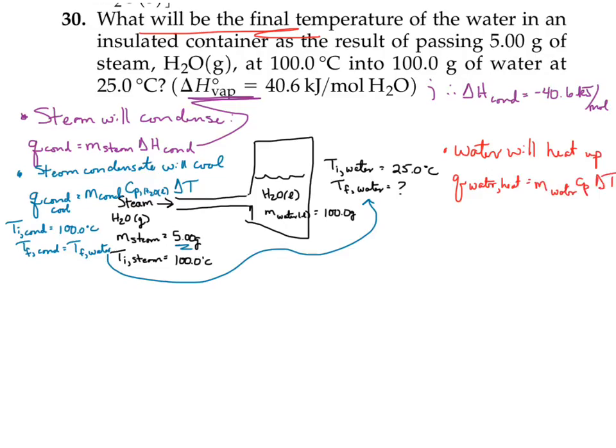And you have a Q associated with the water heating up from the steam. This is an example of energy swaps within your system. That's all the Q's are, energy swaps. Within your system you have the steam condensing, you have the condensate cooling down, and you have the vat of water over here heating up.